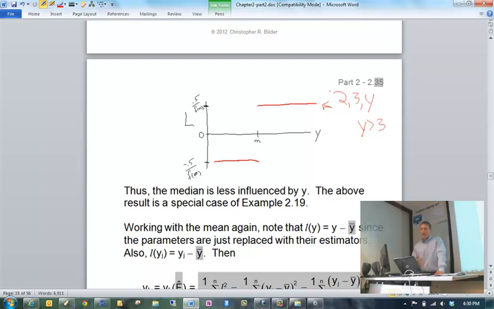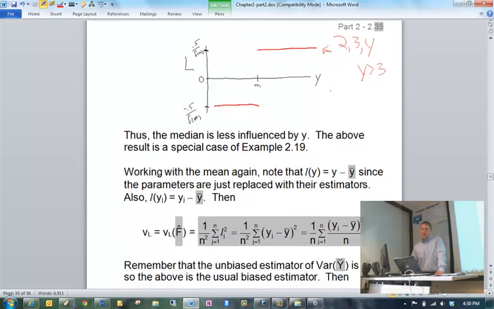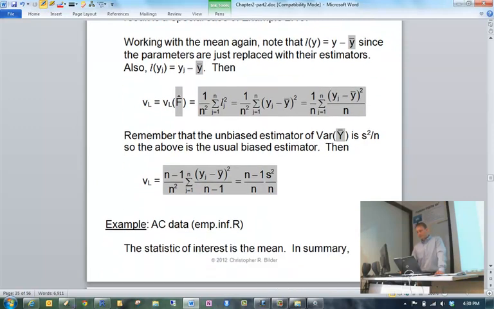Okay. Back to what we're going to be using the influence function for. Well, what's the empirical influence function? Now, instead of working with L of y, F, which is y minus mu, the empirical influence function will work with L of y, F hat.